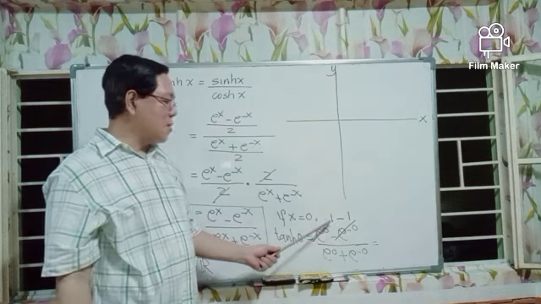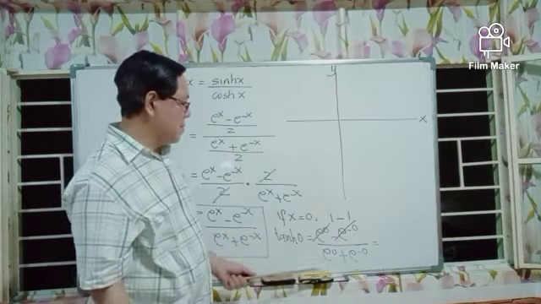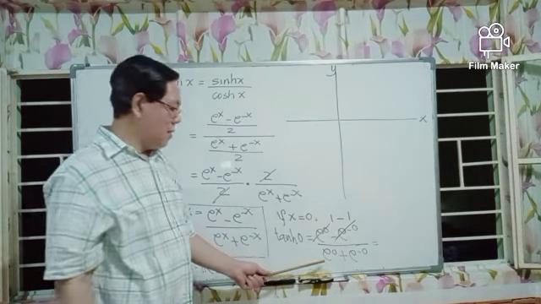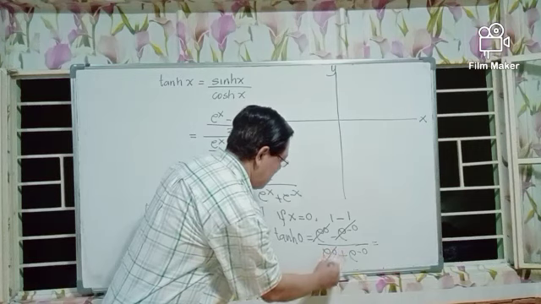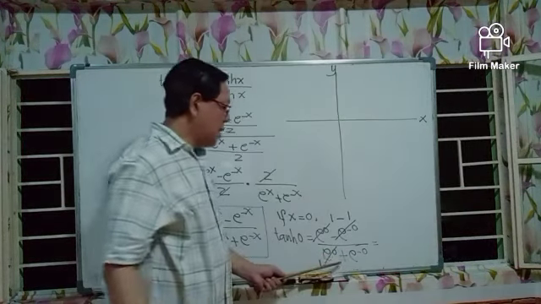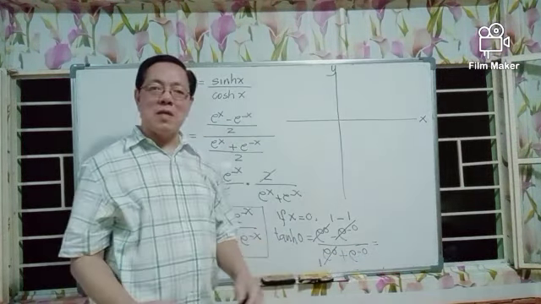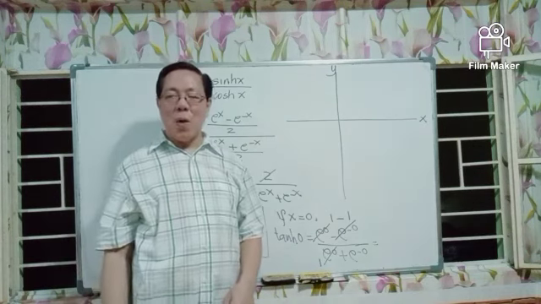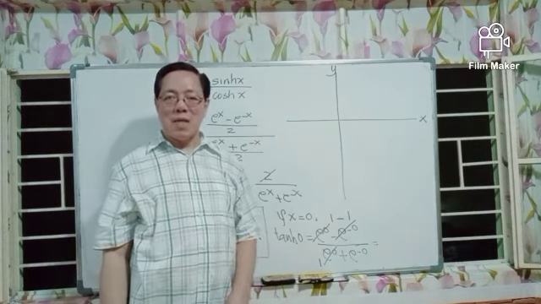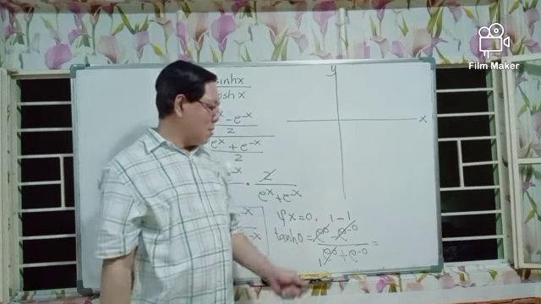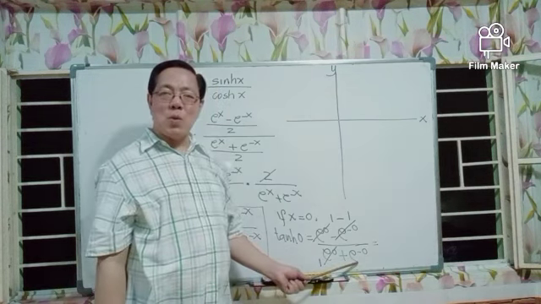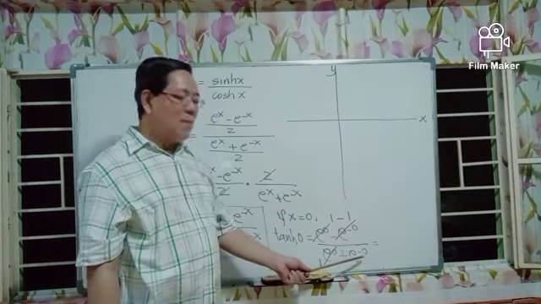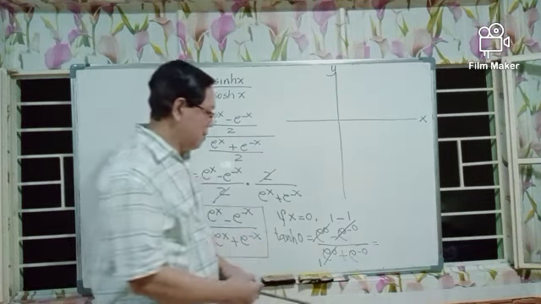So the numerator is 1 minus 1, and the denominator we have e raised to 0 is 1, plus e to the minus 0 is 1 because e to the minus 0 is equal to 1 over e to the 0, but e to the 0 is 1. So the second term simplifies to 1 over 1, which is 1. E to the minus 0 is 1.